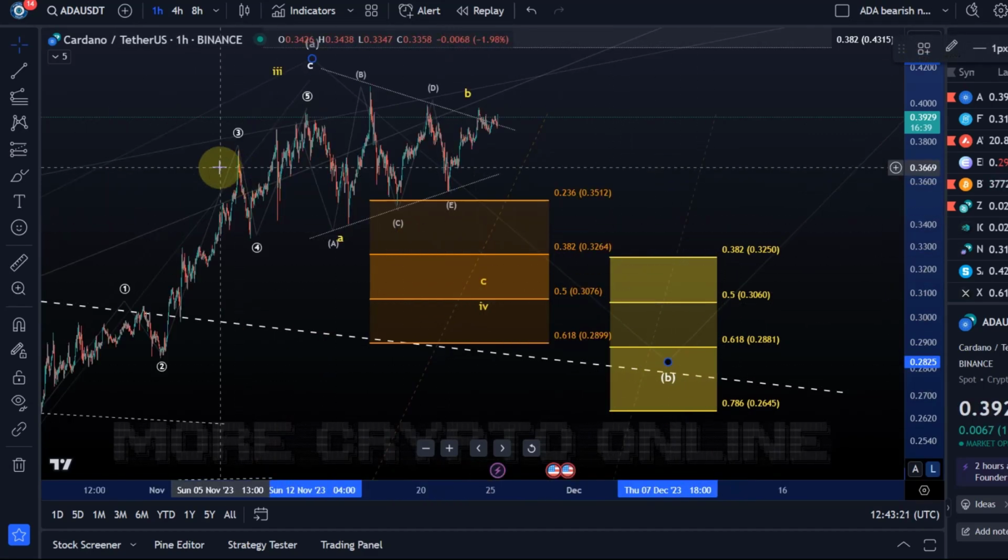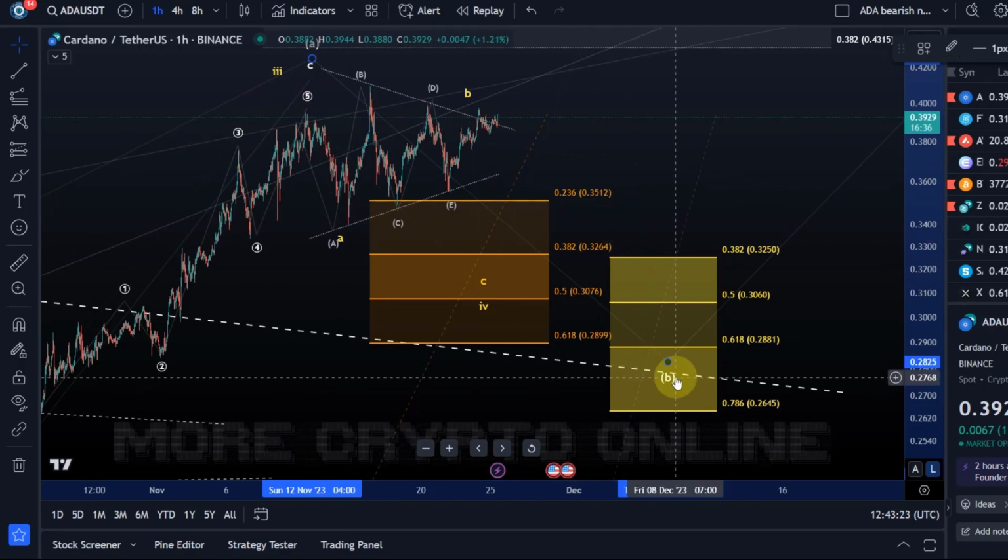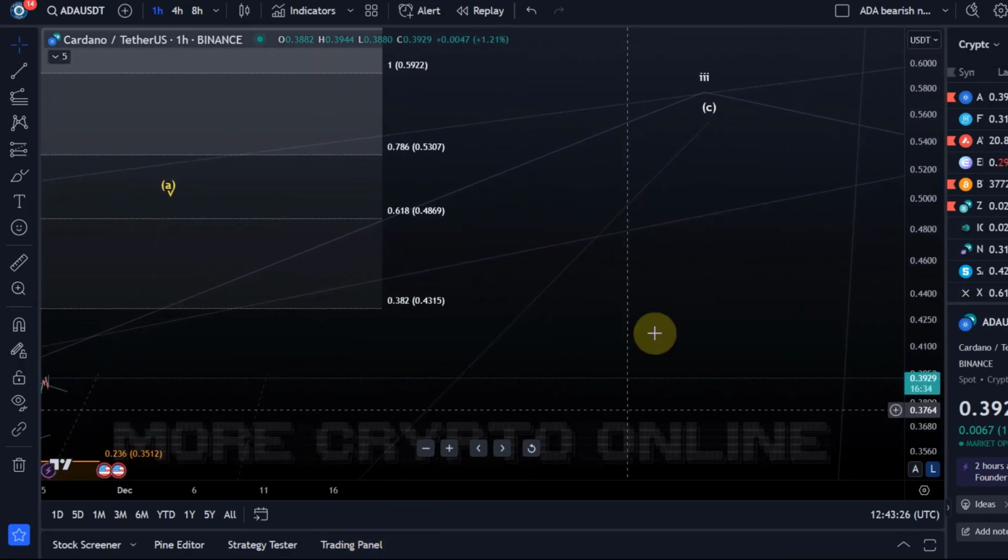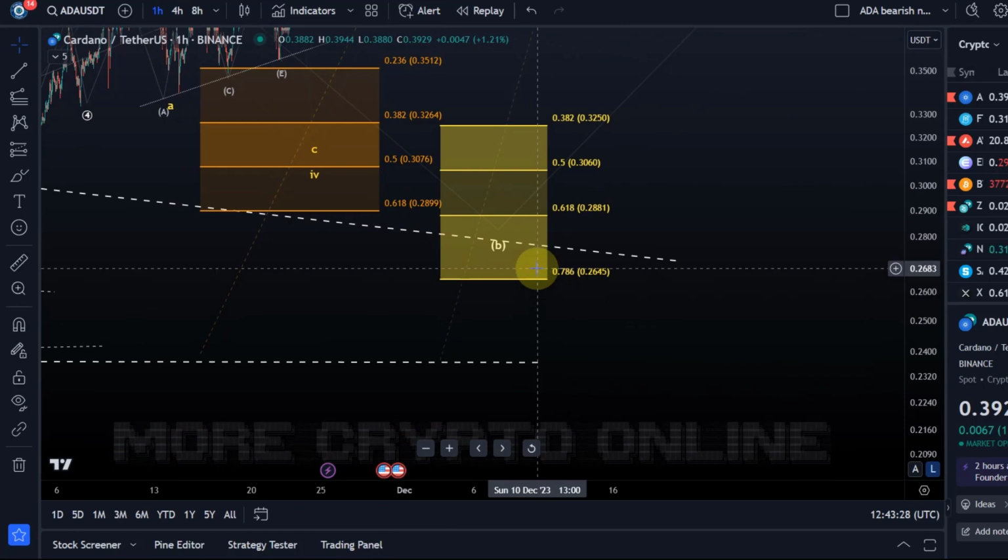It just means that the A wave topped in 3 waves. If this is a B wave, then we should still see a C wave later, as long as we're holding 26.4 cents. So to keep it very simple, and that's been the consistent message for a while, as long as we're holding 26.4 cents for now, we're looking for higher prices on the ADA chart.